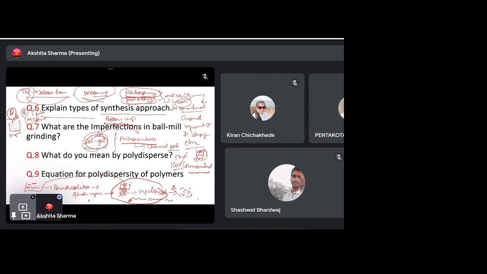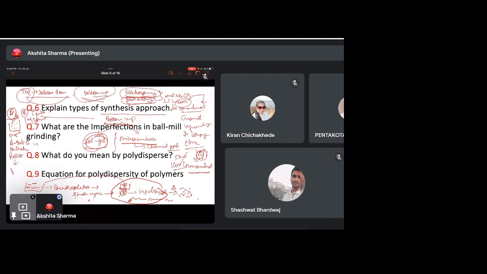When you mix A into B in a particular ratio, then precipitate is formed. That is chemical precipitation. So these are the different types of synthesis approach which we take when we want to synthesize nanomaterials.